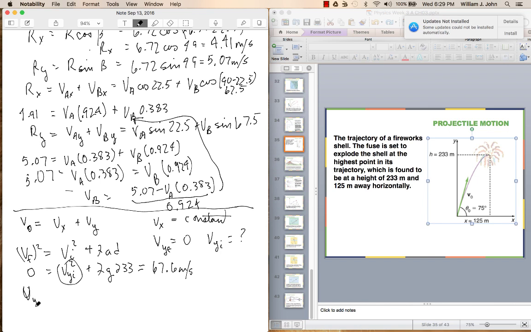Now we also know that Vy initial is equal to V0 times the cosine of 75 degrees.